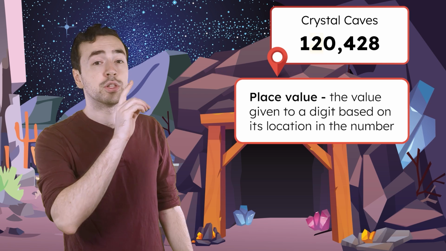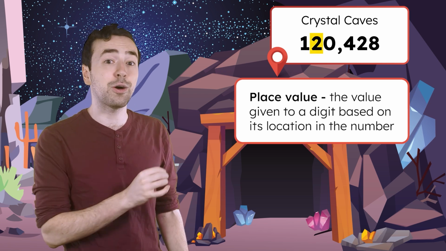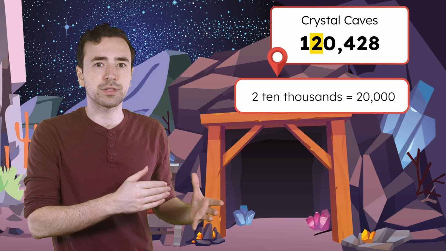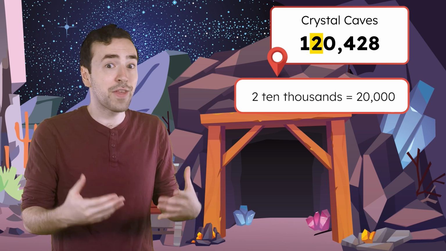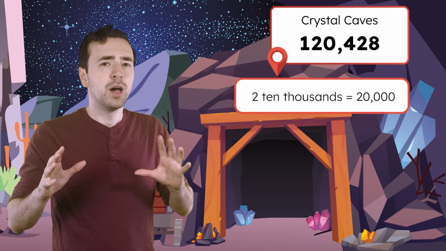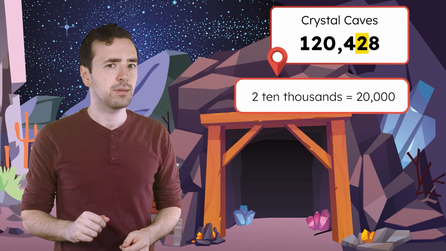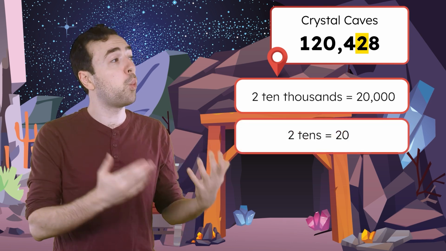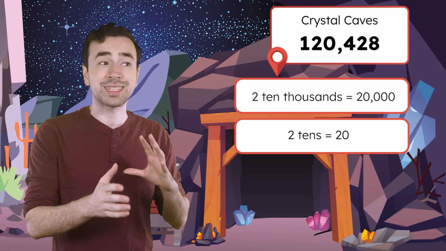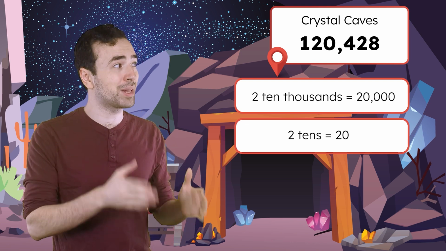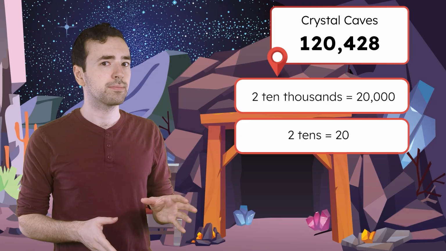For example, the 2 in the 10,000s place has a value of 2 10,000s, or 20,000. That's huge. What's the value of the 2 in the tens place? Right, 20. So even though they're the same digit, their values are different because they're in different places in the number.